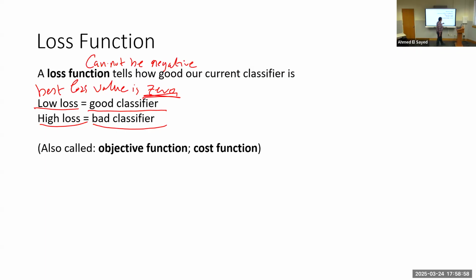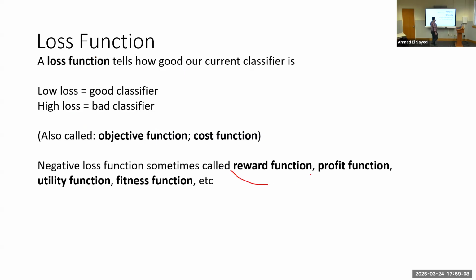In some books, you will find it called objective function, cost function. Sometimes they call it reward function, profit function, fitness function, utility function. Call it however you would like. It depends on the way we are solving or writing it, or your background especially.